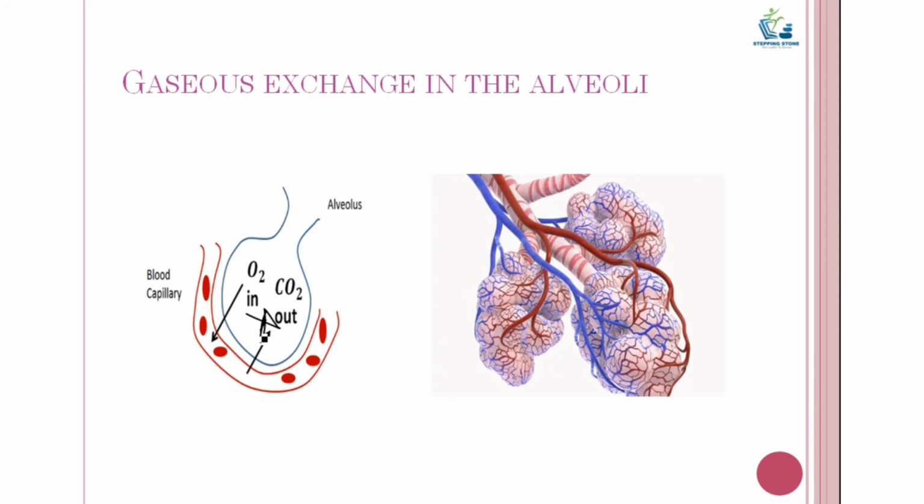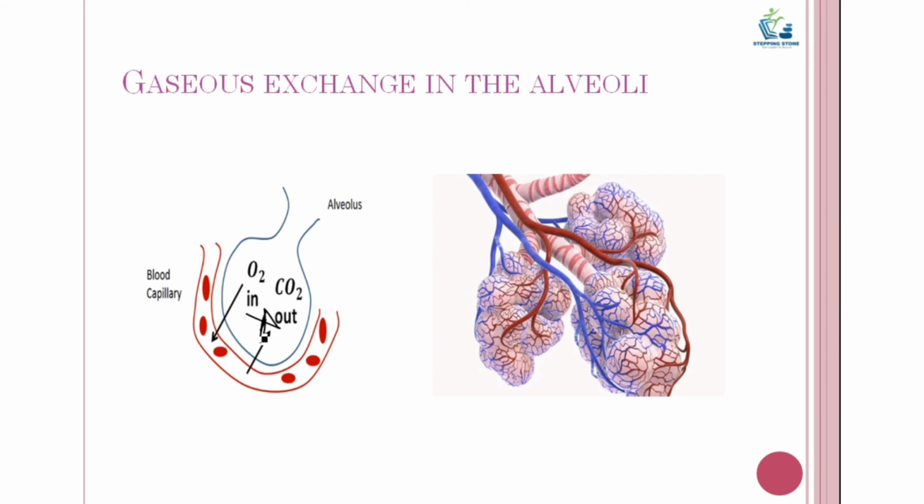This oxygen is carried by the blood to all the parts of the body. As the blood passes through the tissues of the body, the oxygen present in it diffuses into the cells due to its high concentration in the blood. This oxygen combines with the digested food present in the cells to release energy.